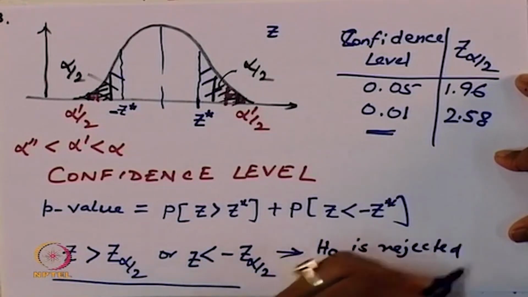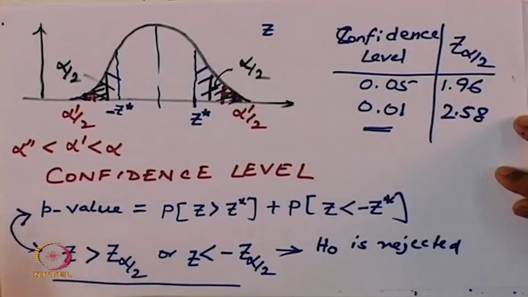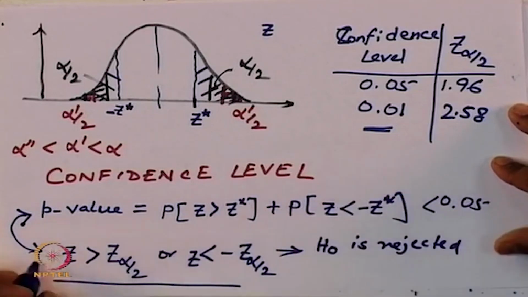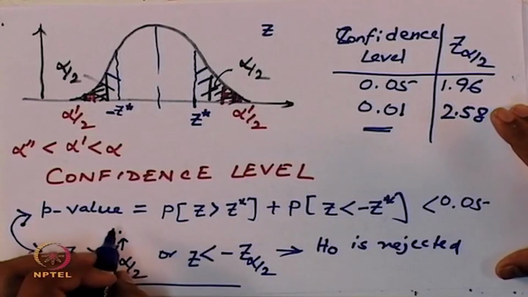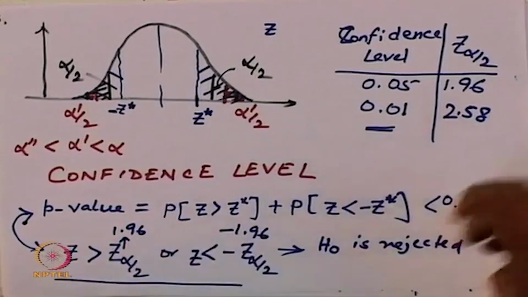So this is an equivalent statement. If your p value is less than 0.05, that is equivalent to saying z is greater than 1.96 or z is less than minus 1.96.